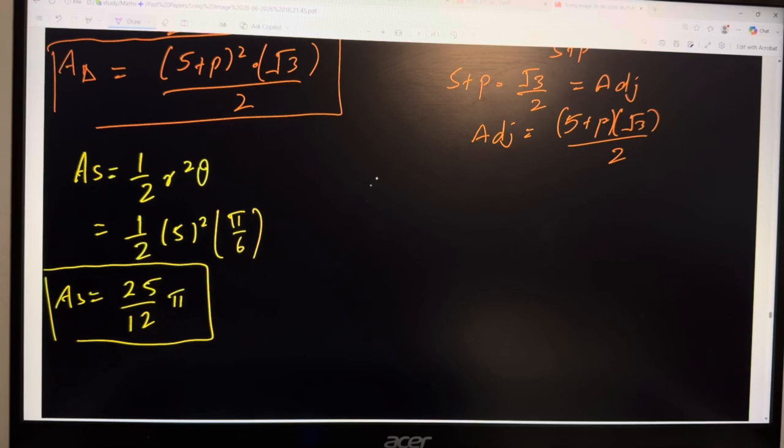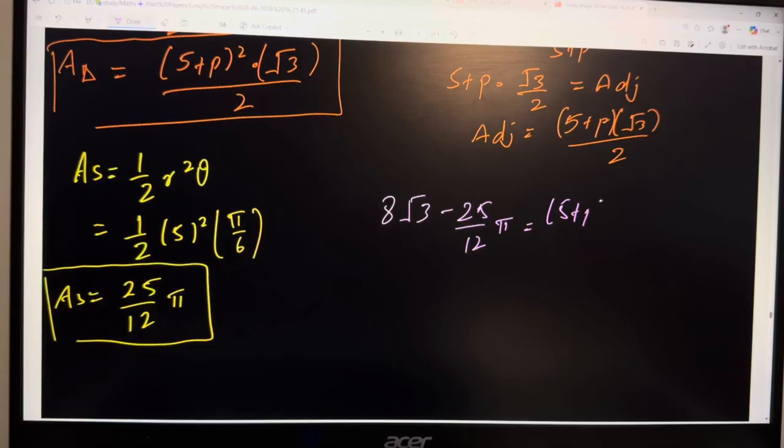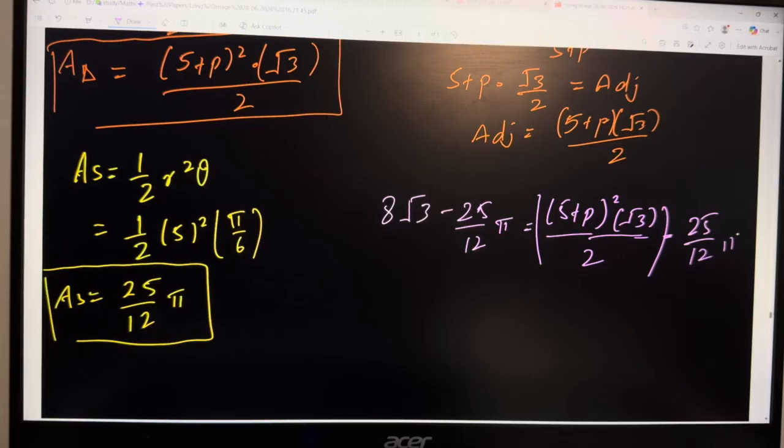So the area of the shaded region is what? 8 root 3 minus 25 upon 12 pi is equal to area of triangle, which we just found, 5 plus p, whole thing squared, upon 2 times root 3, minus the area of sector, 25 upon 12 pi. So this just cancels with this.